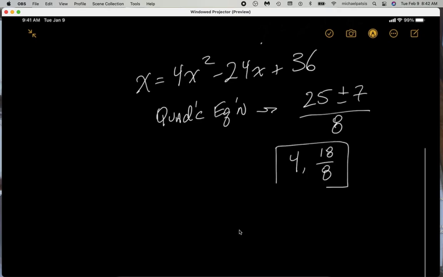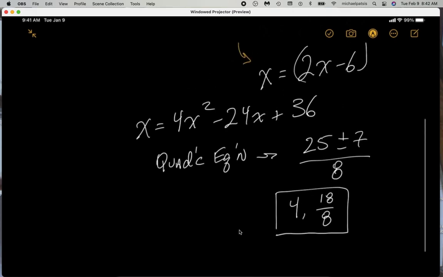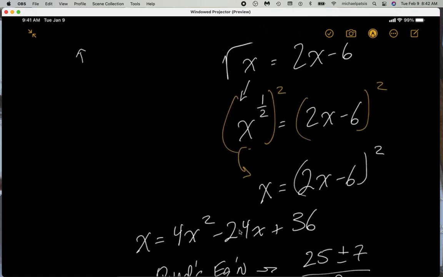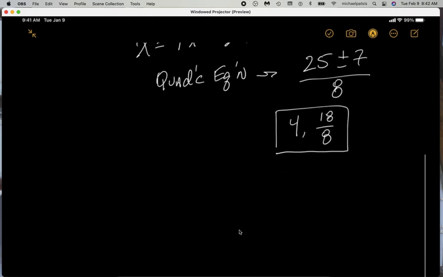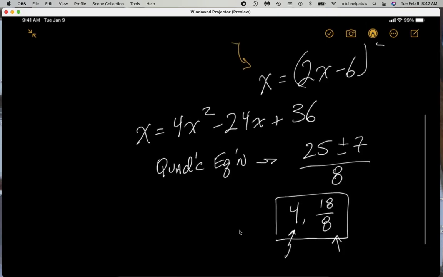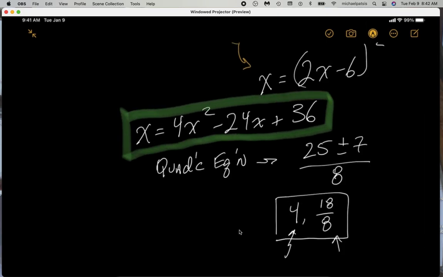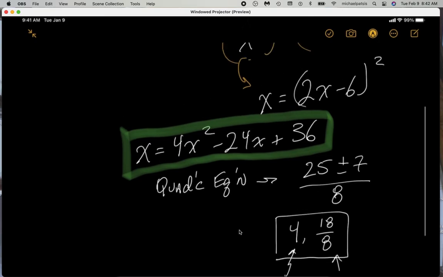Here's the problem. Whenever you raise something to an even power during the process of solving for x, you have to check your solutions in the original equation. You cannot plug it into this equation, which occurs after you squared both sides.